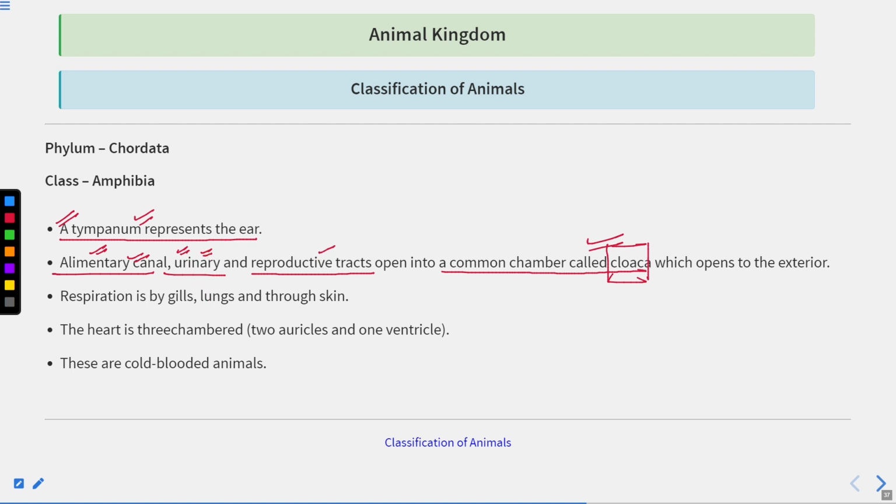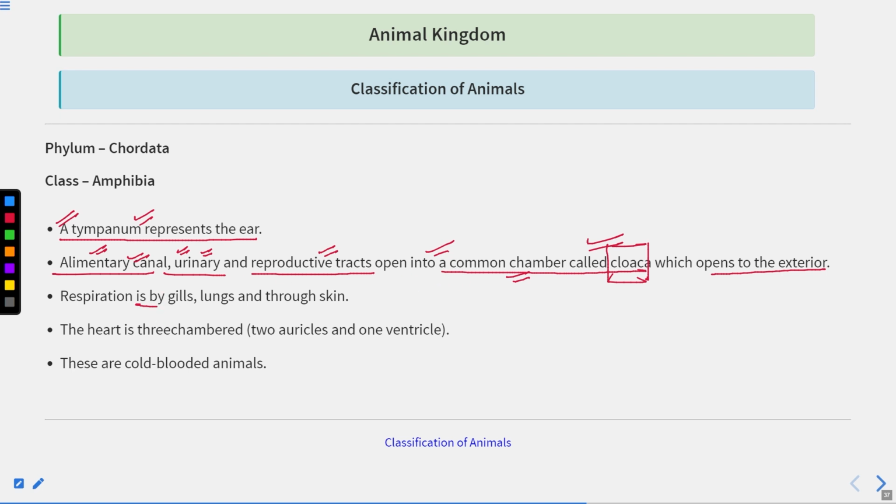Now, reproductive tract: if the male is releasing the sperm, it is releasing from that, and if the female is releasing the egg, it is taking out the egg from that region only. So this is a very common chamber that is called cloaca, which opens to the exterior. Okay. So this feature we have seen in this phylum only, not in any other phylum.